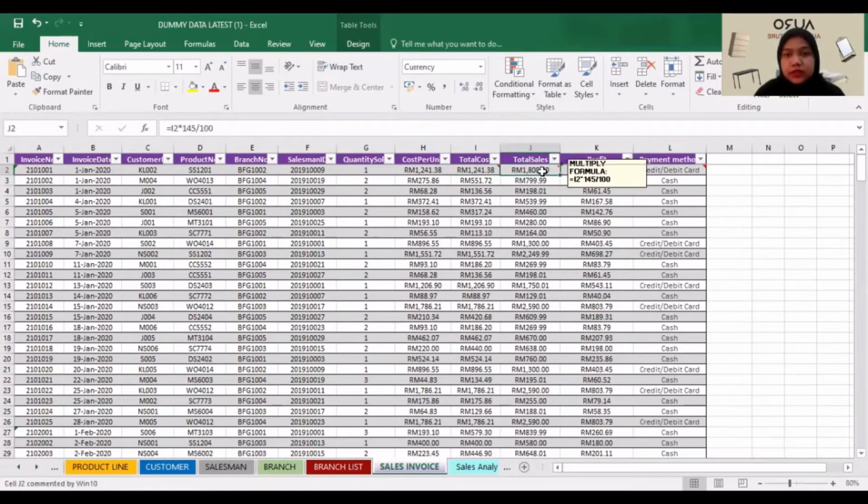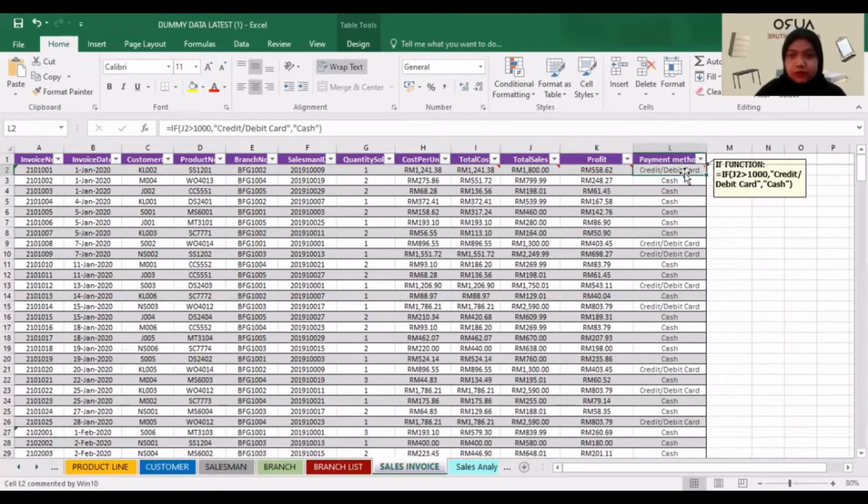To get the total sale, we use multiply formula, which is the total cost multiplied with the 45%, which is the markup percentage. And to get the profit, we use subtraction formula, where we subtract the total cost from the total sale. And the last one is we use the if function for the payment method.